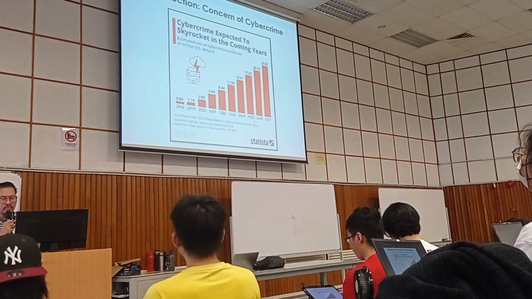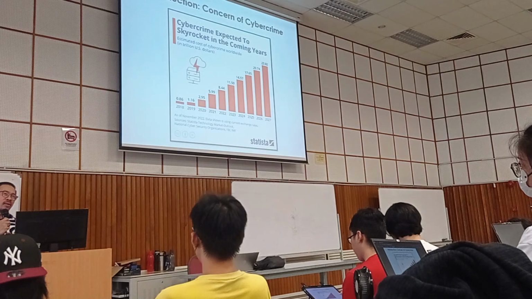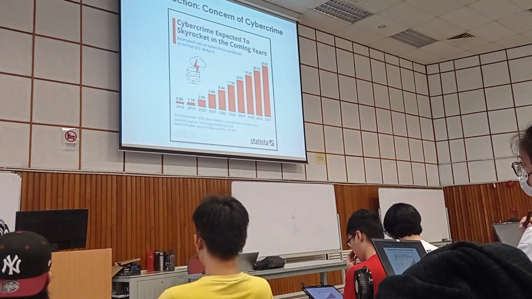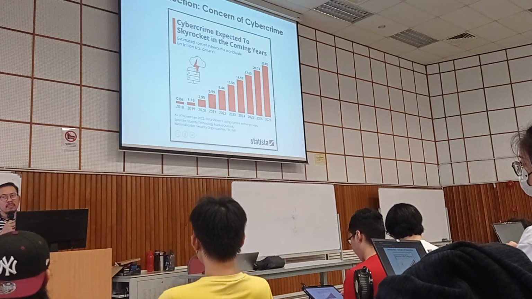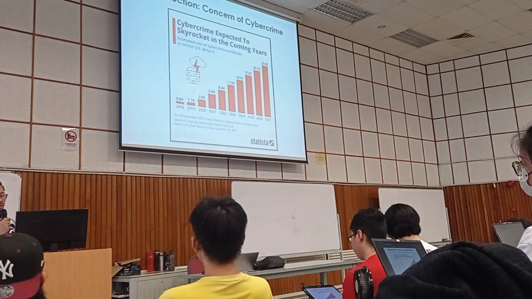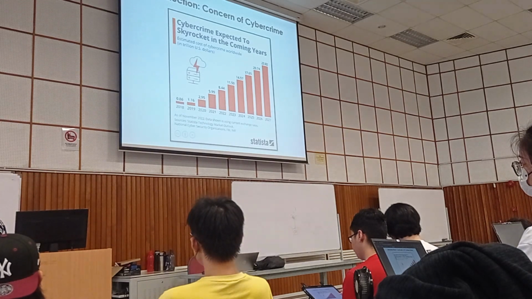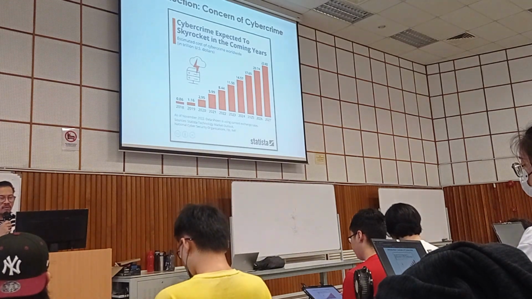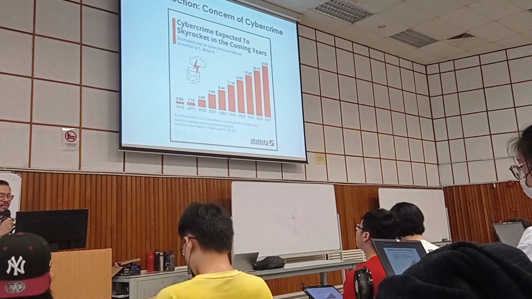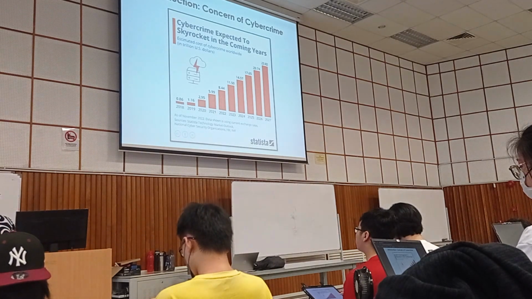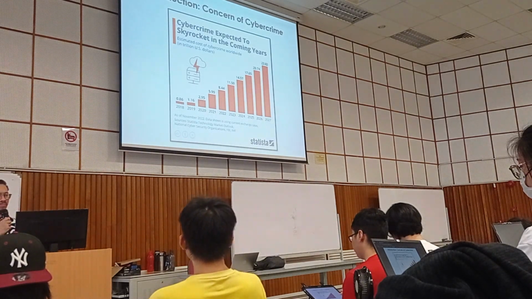Okay, so the concern of cybercrime. This is something very critical nowadays, because more servers or organizations rely on digital forms in terms of their resources, their businesses, communications, data and stuff like that.